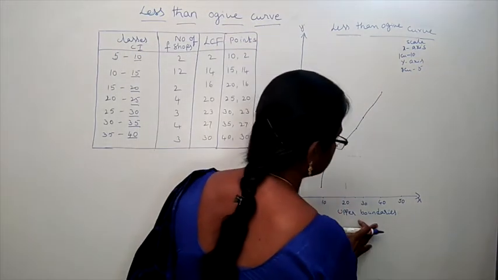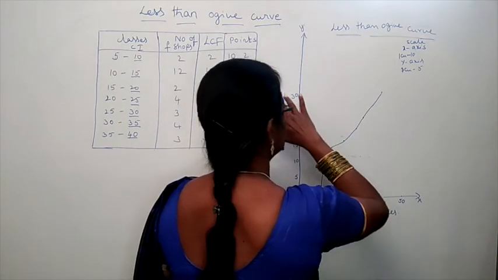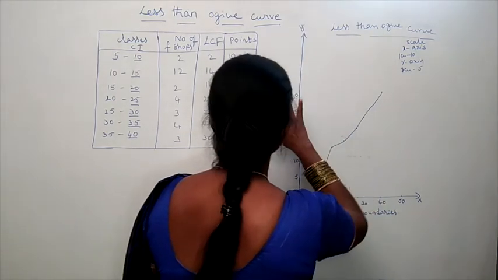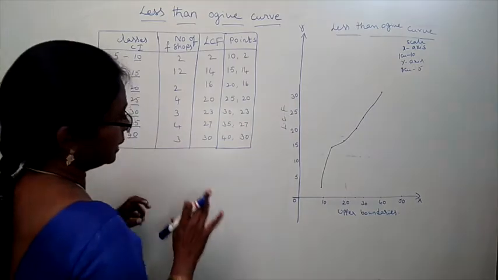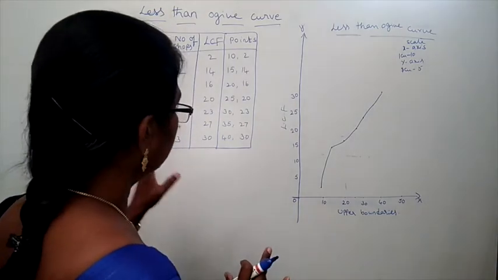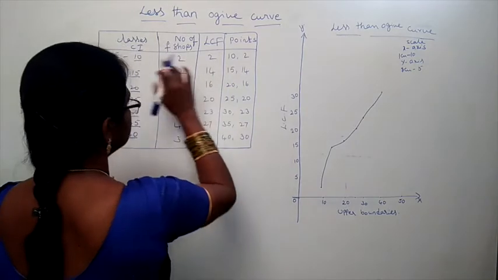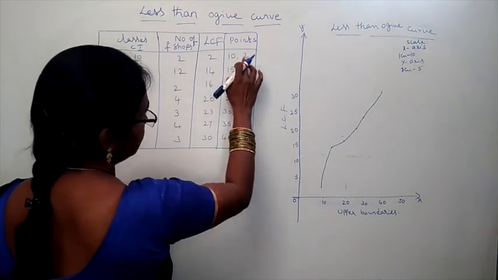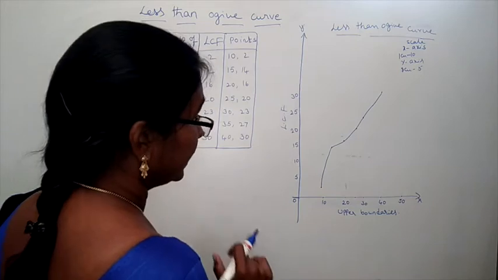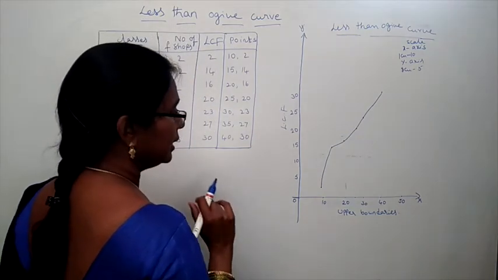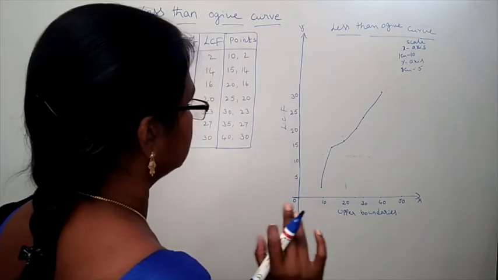On the x-axis we take upper boundaries and on the y-axis LCF. You have to prepare a separate table for LCF, cumulative frequency. Then take the points: x-axis upper boundary, y-axis LCF. Now this is the rising curve. What we call the less than Ogive curve is the rising curve.